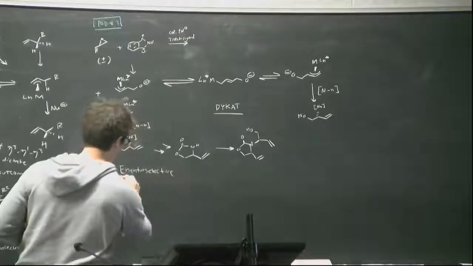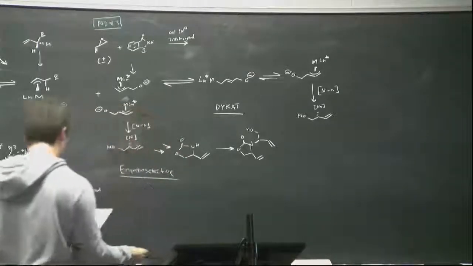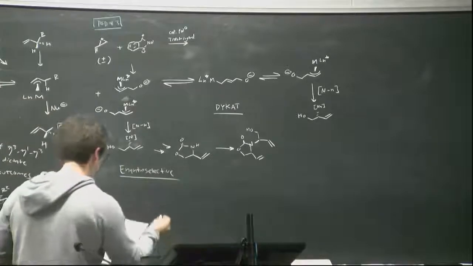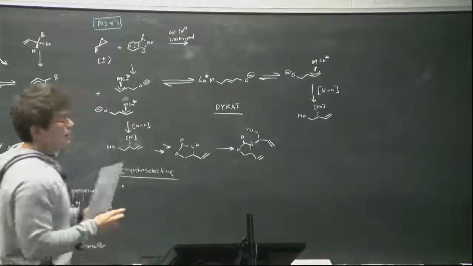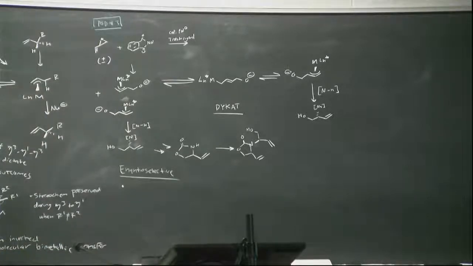In the interest of time, I won't go into all of the different ligands and applications. There are many different types of reactions that can be done enantioselectively with allylic alkylation. You can consider, for example, a prochiral nucleophile and setting stereochemical information on the nucleophile. You can have desymmetrization versions.